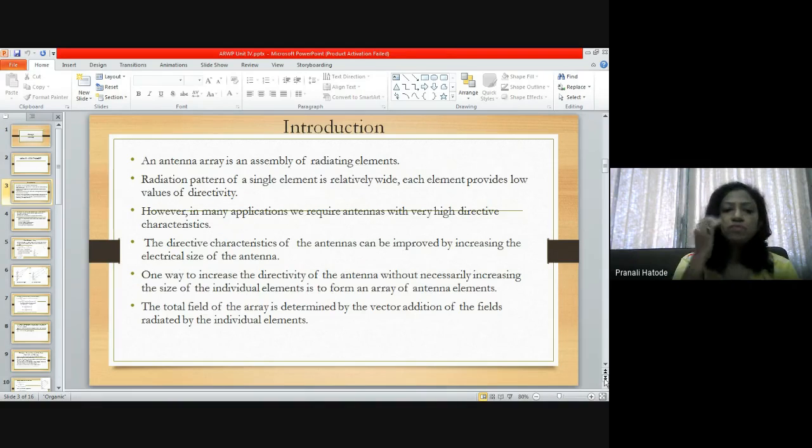Okay, however, in many applications we require antennas with very high directivity characteristics. Many a times in class I have given you the example of long distance communication, that is the communication between the earth station and the antenna which is situated on the satellite.